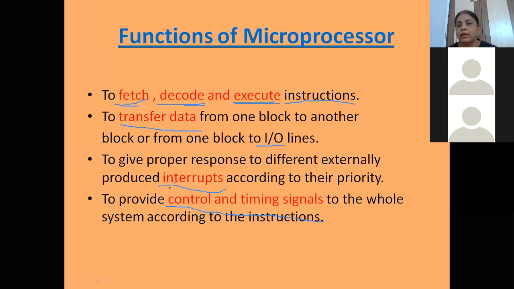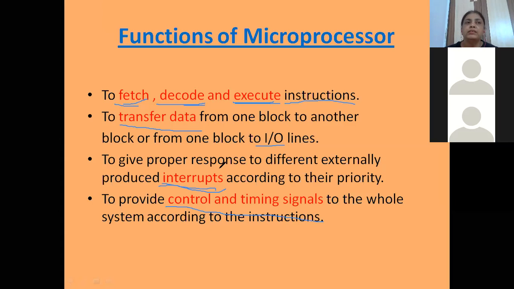By sending some signal. The interrupt is basically a signal or a small program which we call ISR, interrupt service routine. A small service routine is written for each interrupt. The interrupt is initiated by the peripheral so that they can communicate with the microprocessor.